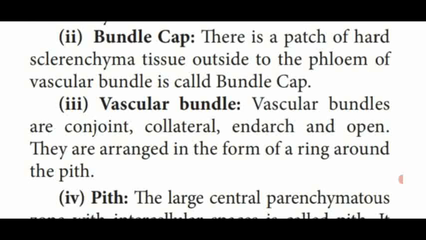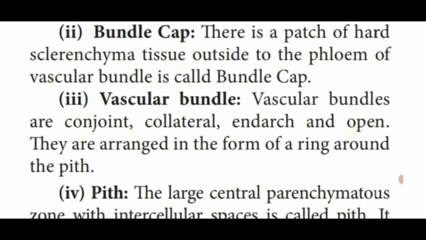The vascular bundles are arranged in the form of a ring-like structure, circular, around the pith region. At the center they have the pith. That pith is surrounded by many vascular bundles in a ring-like structure. That is the arrangement of vascular bundles in the dicot stem.